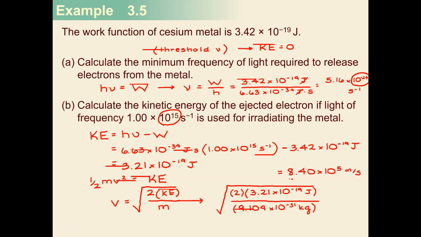So as you can see, we have a very strong energy light coming in and knocking out an electron. Because its mass is so small, with having a lot of energy, it is able to go very fast.